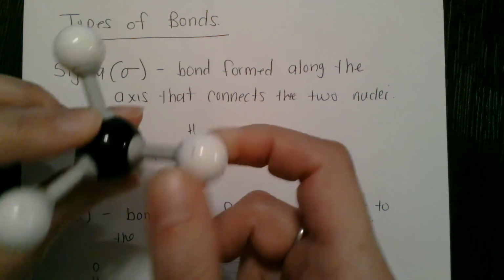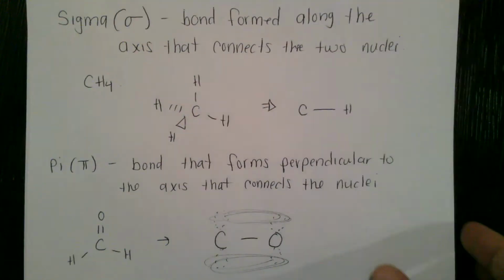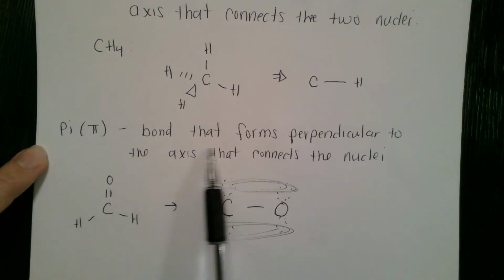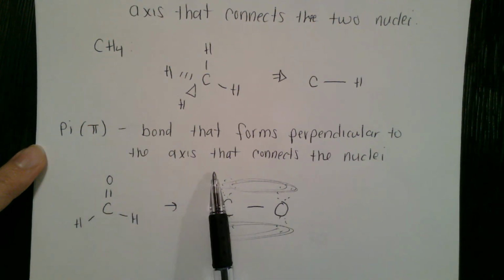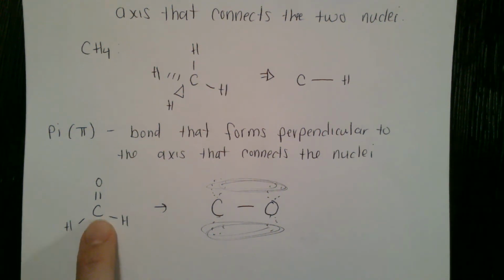Okay, so when we get into higher order bonding, like a double bond or a triple bond, we get the second type. A pi bond is a bond that forms perpendicular to that bonding axis. Here we have the example of carbon double bonded to oxygen, with single bonds to two hydrogens. What happens between our carbon and our oxygen is a single bond forms first.